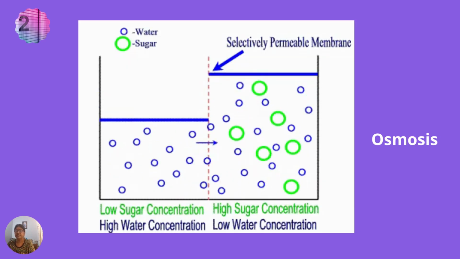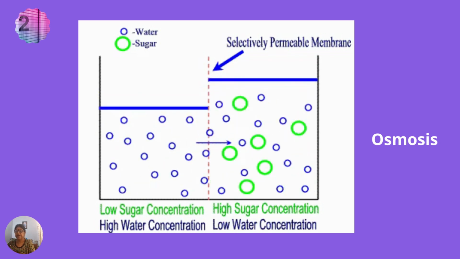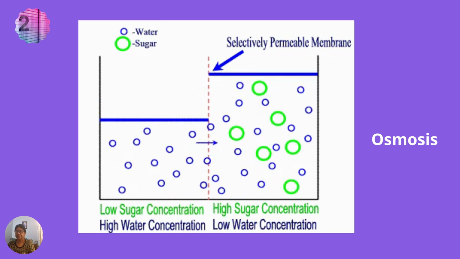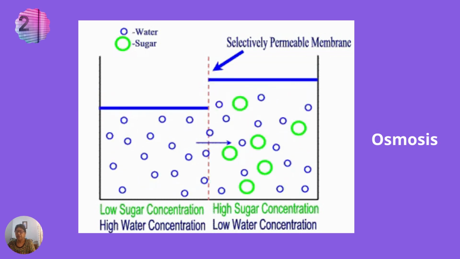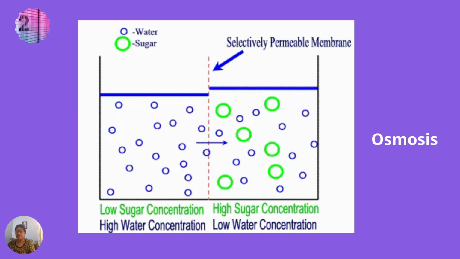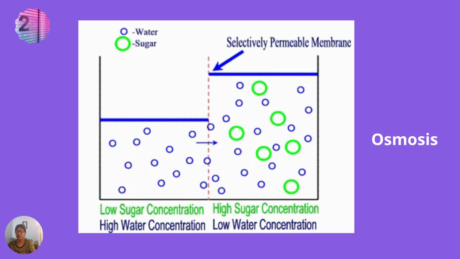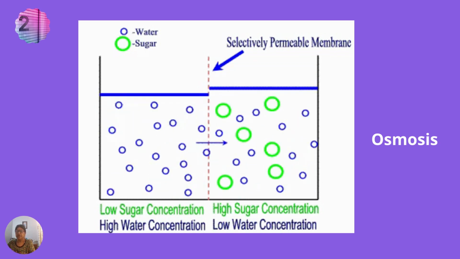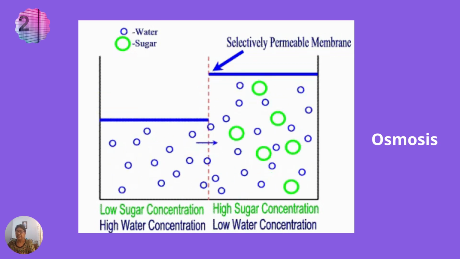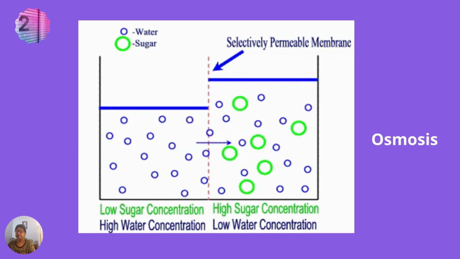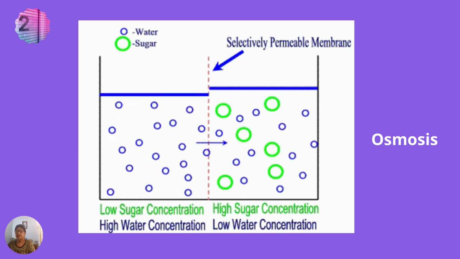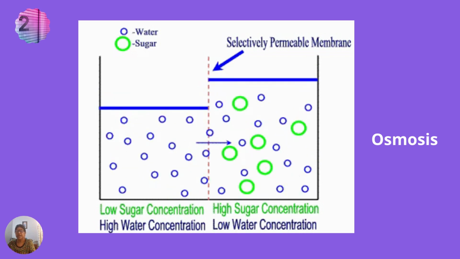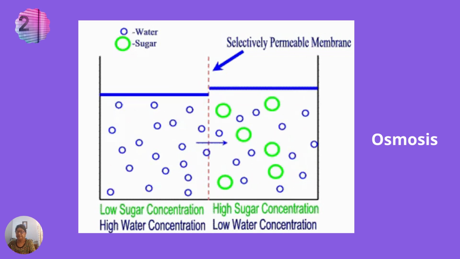Look at this experimental setup. We have a container and it is separated by a membrane inside. The first part has only water and the second sugar and some water, so there is a sugar solution. Outside the membrane, the water concentration is high and sugar is very low, whereas the concentration of sugar is high and concentration of water is low on the other side of the membrane.